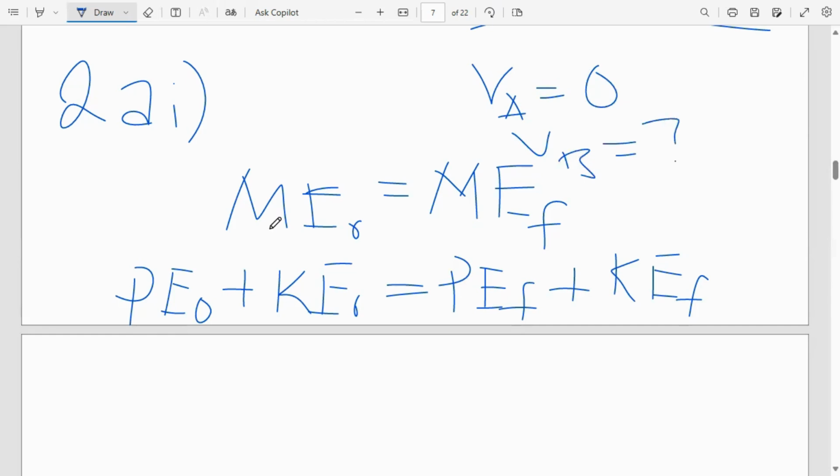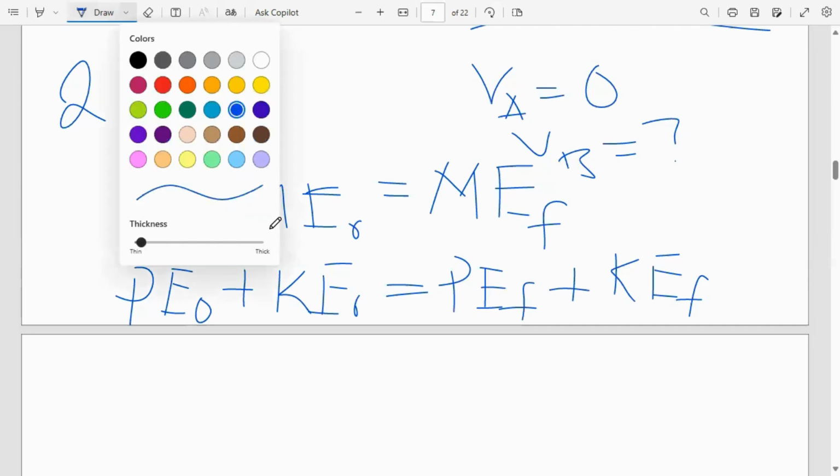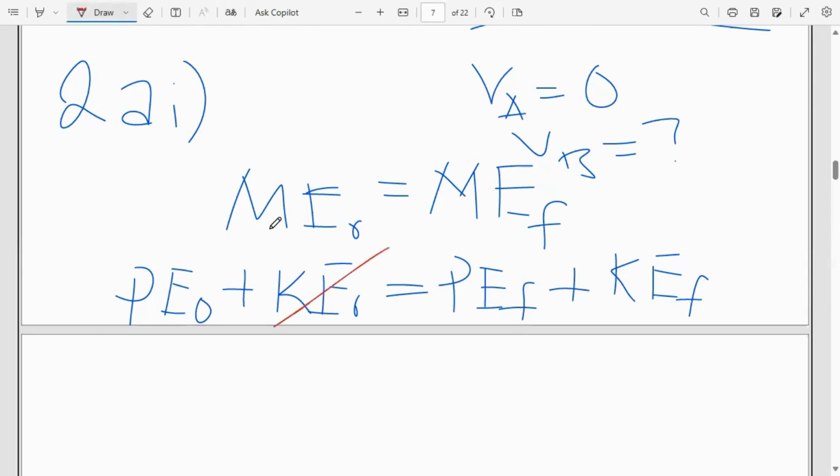Since it's being released, we should understand that the initial kinetic energy doesn't exist, because velocity is equal to 0. So we can cancel out this term from our equation. Also, since it's descending a displacement of 0.5, this distance is 0.5 meters.